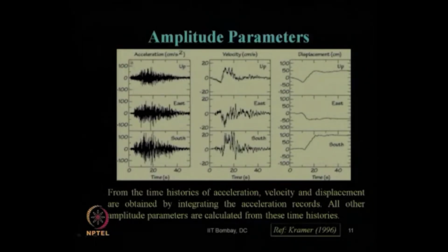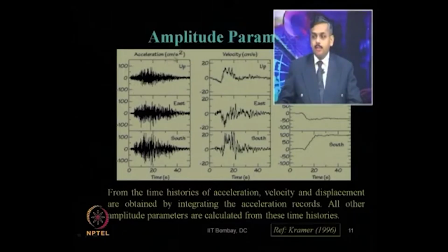This y axis is the acceleration scale, with the unit in centimeter per second square, and the x axis is the time scale in seconds. It started over here, reached a peak, and then slowly vanished. So, it defines how long the acceleration was acting. This also defines the duration of your earthquake, which needs to be estimated properly. We will see that in subsequent slides later on.